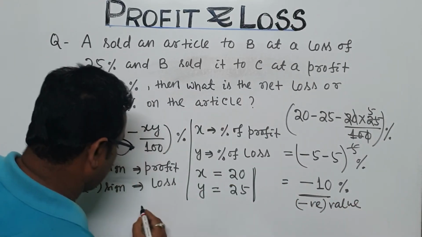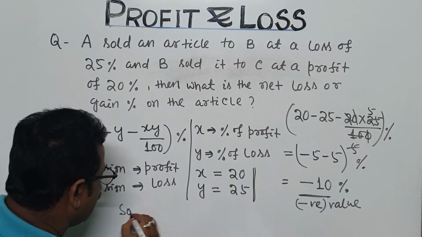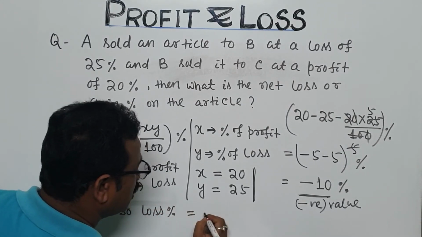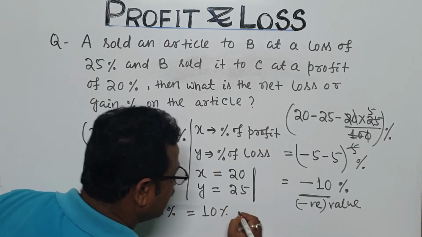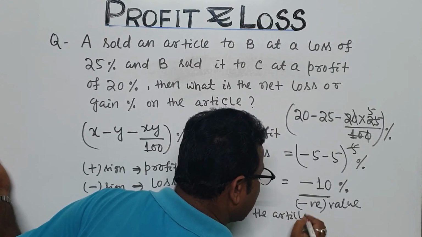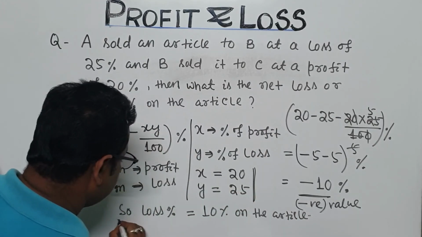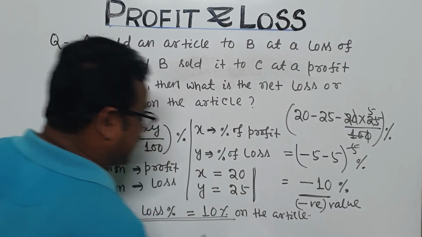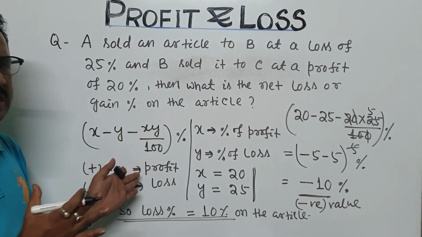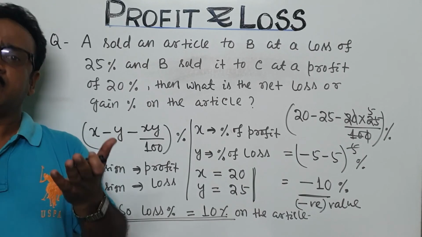So loss percent is equal to 10% on the article. So loss percent is 10%. As minus is coming, so there is loss.